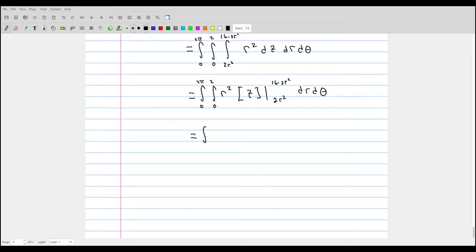Which will be equal to the integral from 0 to 2 pi, integral from 0 to 2, and when you plug in the bounds for z, it becomes 16 minus 2r squared minus 2r squared, just applying the fundamental theorem of calculus to that antiderivative.